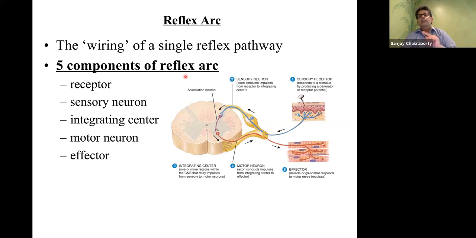The reason I'm mentioning the reflex is that once you know the mechanism, it's very easy to understand the inside anatomy of the spinal cord. So reflex is a very quick, fast, and involuntary response. So it is going to happen. For example, if I put my hand toward the eye, it will blink.